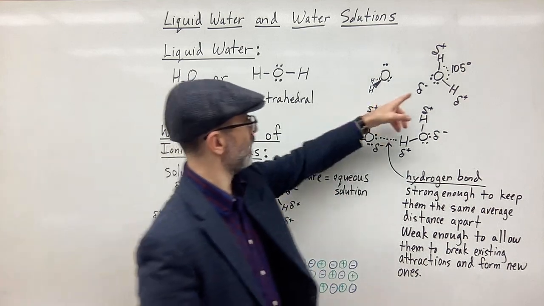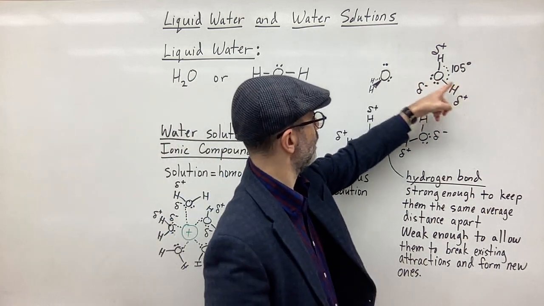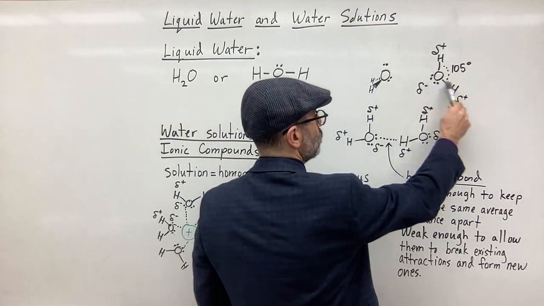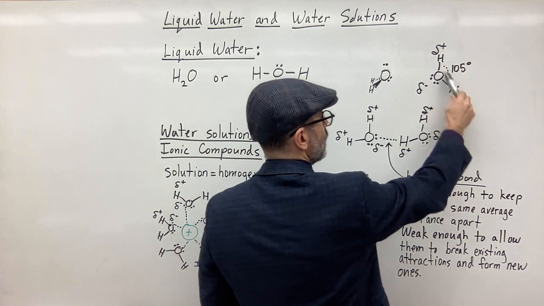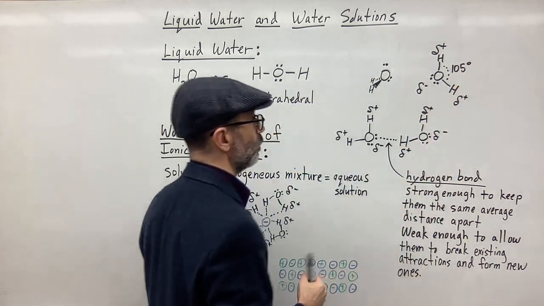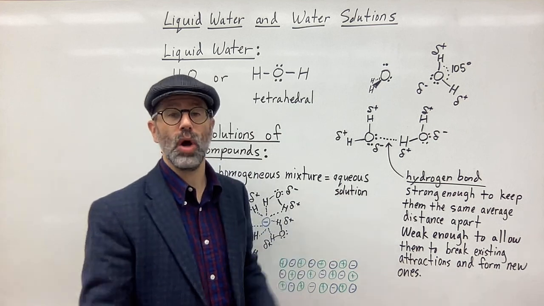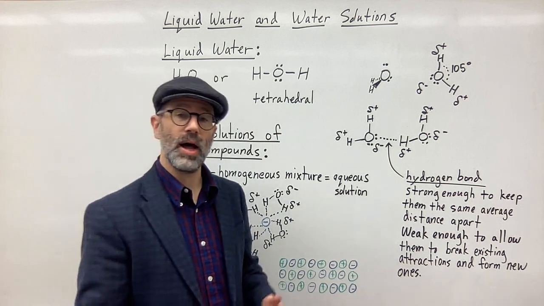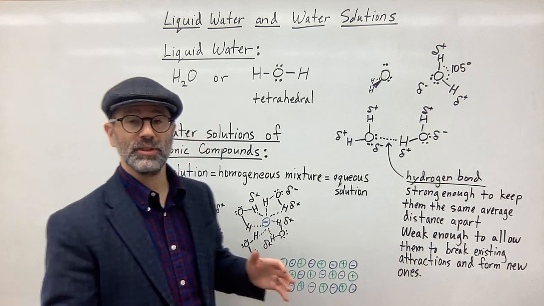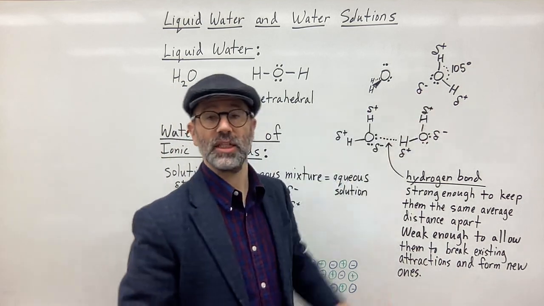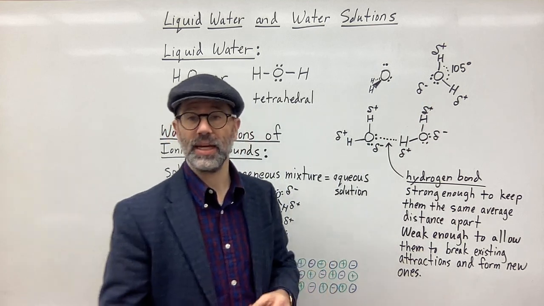If you rotate it, you can see it this way here. So you can see that the angle between the hydrogens here is a 105-degree angle. So you have the hydrogens bonded or bent to one side of the molecule. This gives the polarity of the molecule because we know that oxygen is much more electronegative than hydrogen.